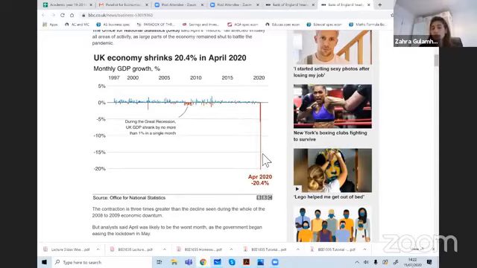Our first full month in lockdown was April 2020. And I think it was roughly end of March that we went into lockdown. So we still had some GDP, some production throughout March till we went into complete lockdown. When we went into complete lockdown, which is April, the first full month, look at how much our GDP fell by, negative 20.4.